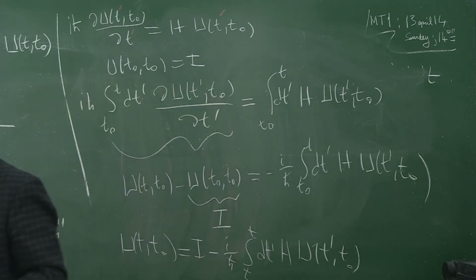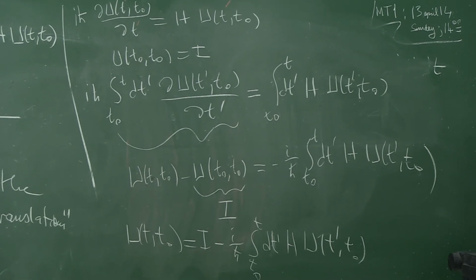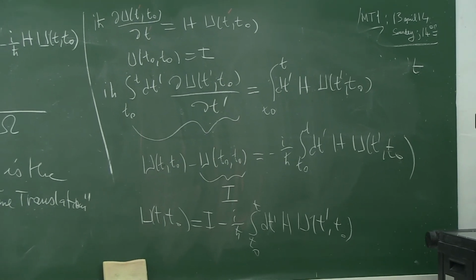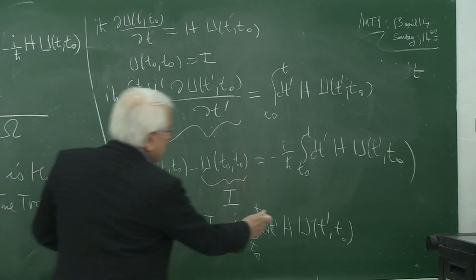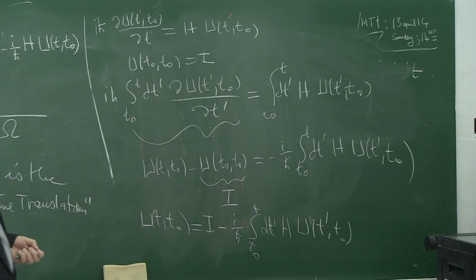Okay, this is a solution. You say no. This is not a solution. This is an integral equation, because U is the unknown that we are trying to construct. It appears in the left and it appears under the integrand in the right-hand side. There is nothing in here, so let's not get confused. So it's an integral equation.